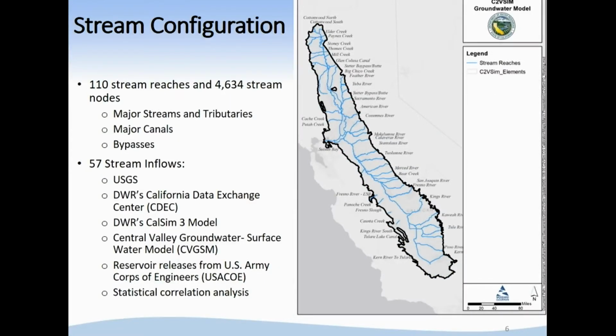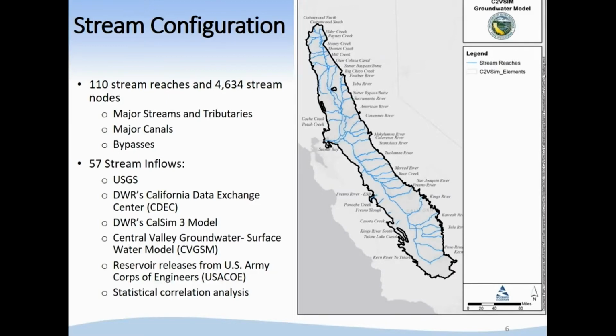For the stream configuration, as I mentioned earlier, we have around 110 stream reaches and more than 4,600 stream nodes that represent major streams, the tributaries, some of the major canals, and also some of the bypasses, especially in the Sacramento Valley and some in the San Joaquin Valley as well.